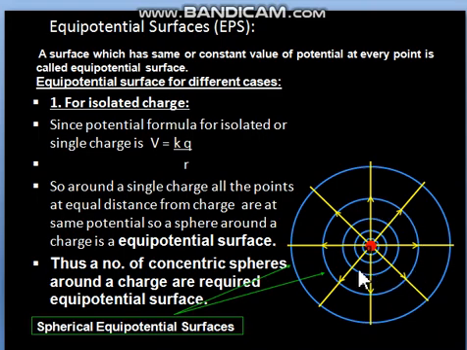This way, by changing the distance from the charge, we can change the number of spheres. So around any charge, a number of concentric spheres show EPS, and their center is common, and at the center the charge should be present. This way we have drawn the concentric spheres as EPS for the given charge.